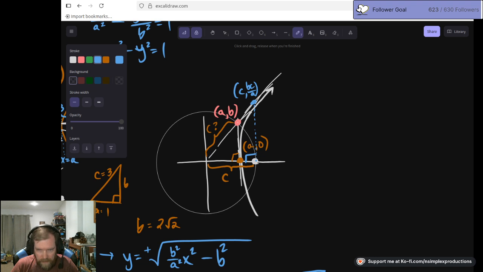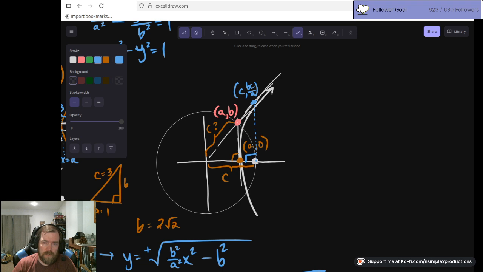Now with that, we want to prove that a squared plus b squared equals c squared. And actually that c value, right, we don't know that this is technically a circle.